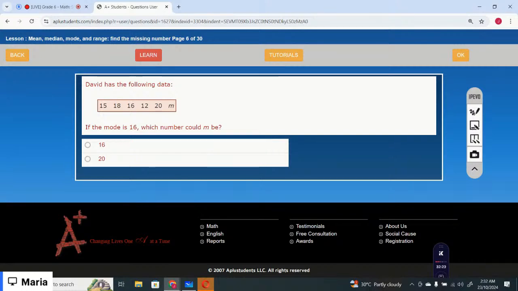The correct option is 16. M could be 16, right? Because the mode is 16. Mode means 16 must appear more than one time, right? So M could be 16.